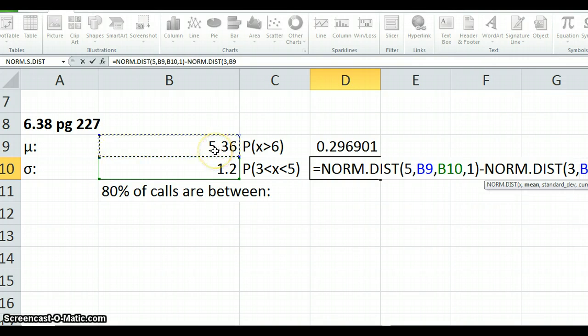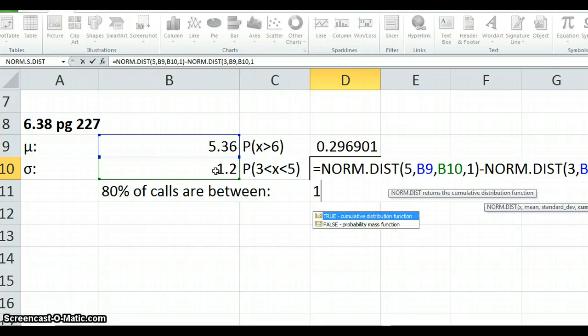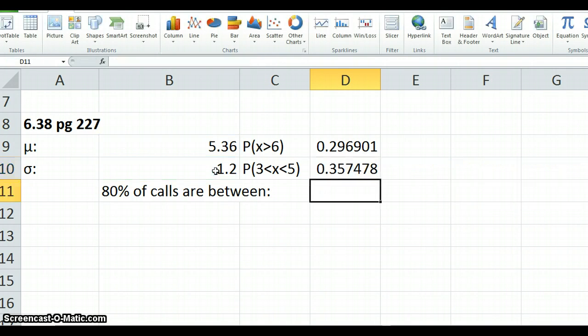Let's see, B9, B10 for our standard deviation, and finally 1 for true. And there it is, 0.35. So just over 35% of your calls come in between 3 and 5 minutes.